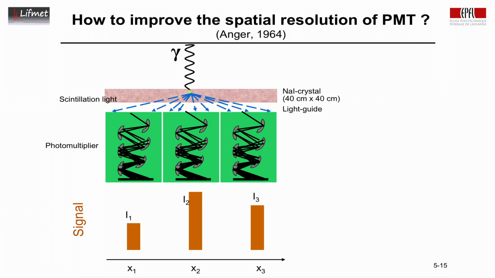We'll call this intensity 1, intensity 2, and intensity 3. So what we have said is the number of scintillation photons produced is proportional to the energy of the X-ray. So we have energy information.